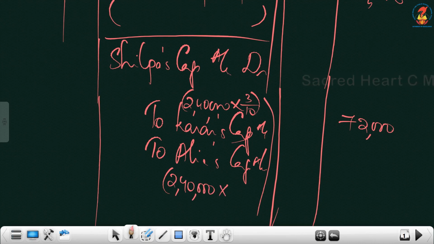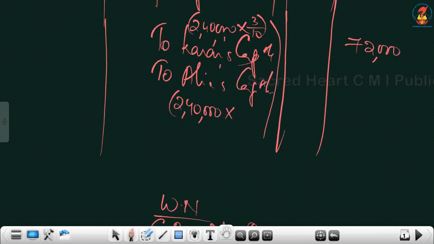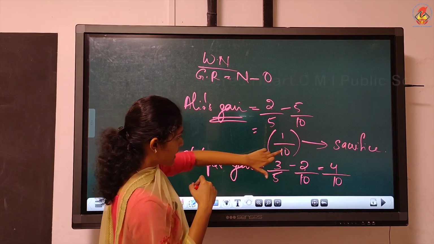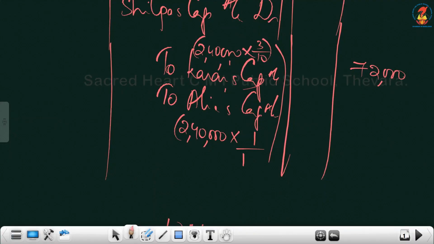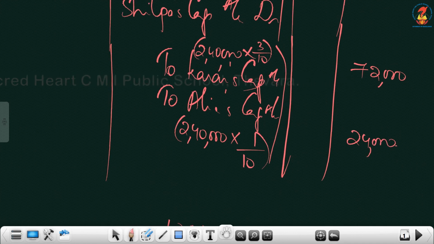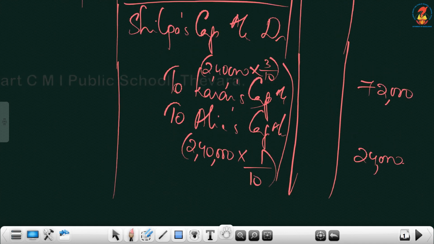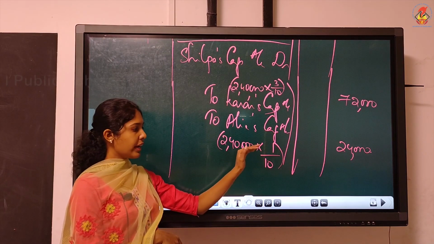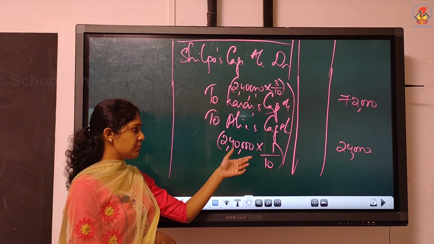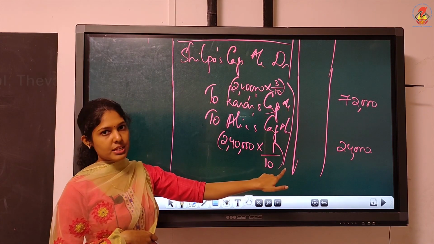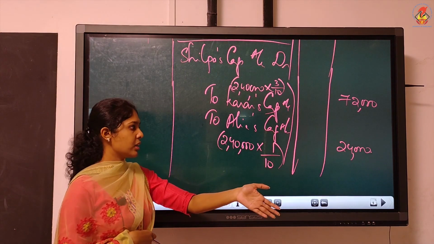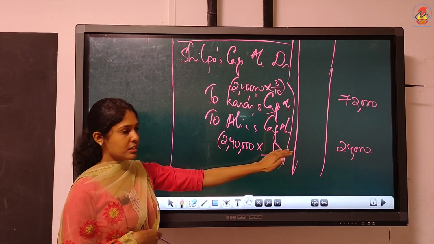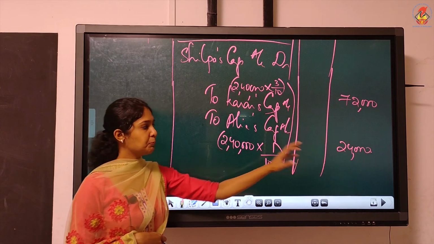Because she is sacrificing. What is the sacrificing proportion that you take from your working note? Sacrificing proportion is 1 by 10. So 2,40,000 into 1 by 10, that is 24,000. Should we take minus 24,000? No. I had explained the same topic in the chapter admission. Already we are crediting Alia because she is sacrificing. We are giving some share to Alia also. So already we have credited. So again no need to write it as a negative figure.